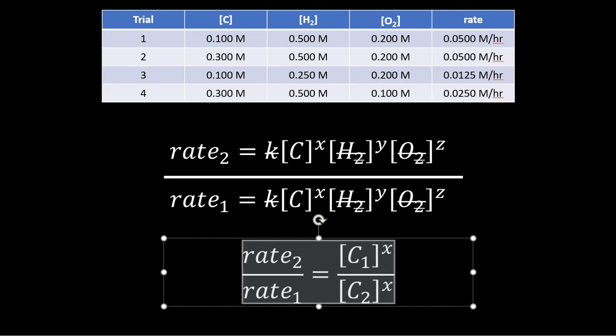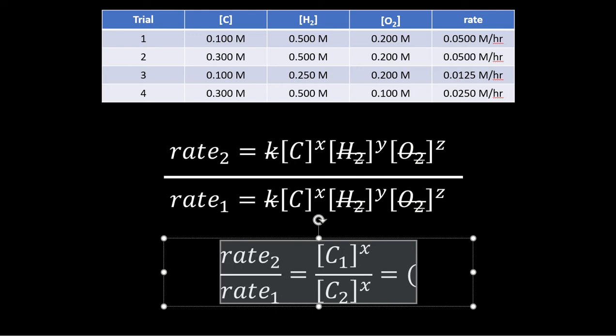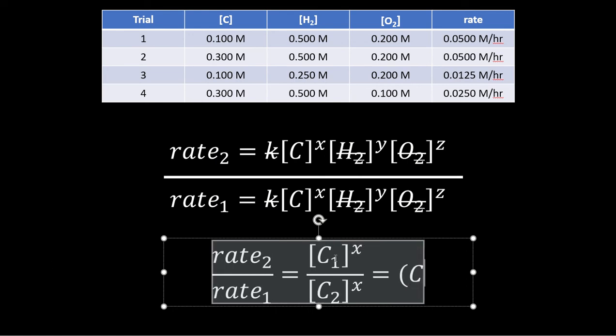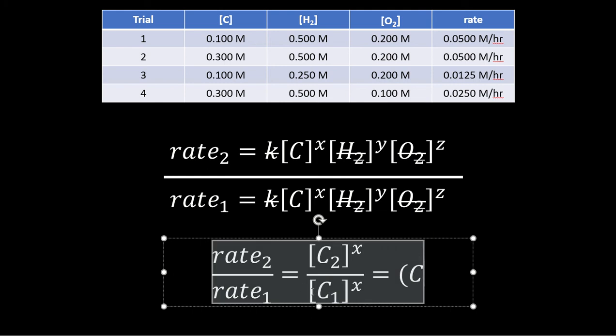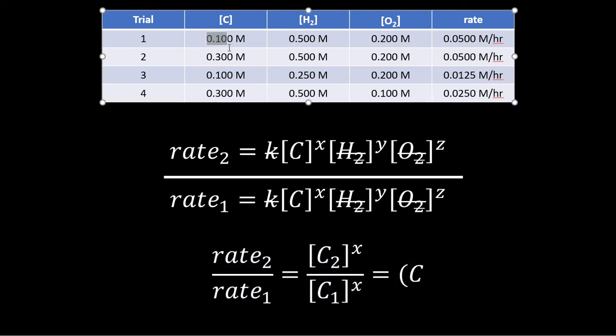Now here's the thing, when you have two values that are both raised to the same exponent and you are dividing them, that can be simplified. Let me actually fix this. That should be trial 2 in the numerator and trial 1 in the denominator, because the value for carbon in trial 1 is a lower value than in trial 2.